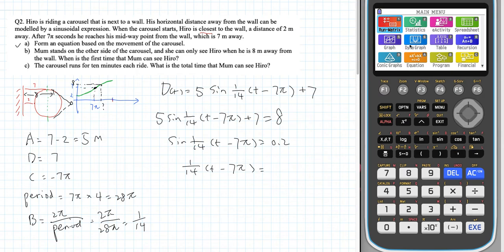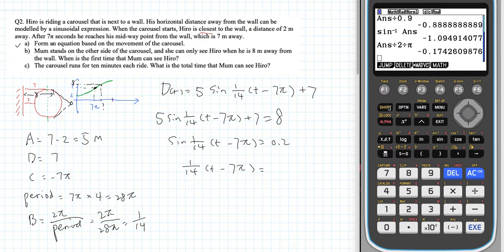Let's use this, so that will be inverse sine of 0.2, which gives 0.20136. Since we only look for the first time, we don't really need to write it down as a general solution.